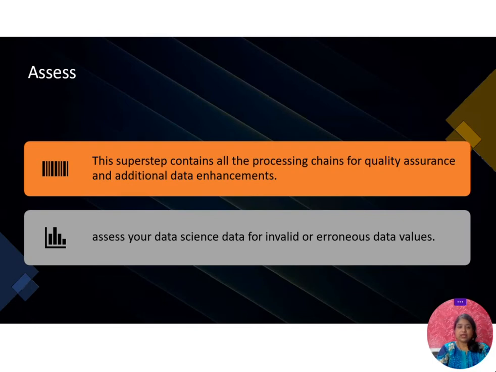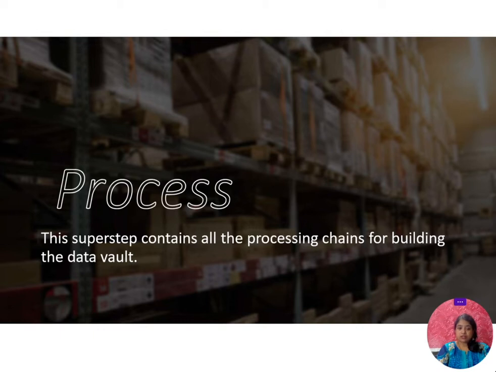Then comes the assess. This super step contains all the processing chains for quality assurance and additional data enhancements. Assess your data science data for invalid and erroneous data values so that the data is completely correct. Then comes the process.